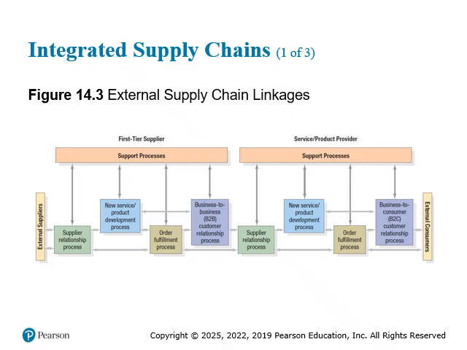Then there's this order fulfillment process, which has to do with the ongoing operation of the supply chain: how do we transact or exchange goods? There's a customer relationship process, which you could say is the mirror to the supplier relationship process.